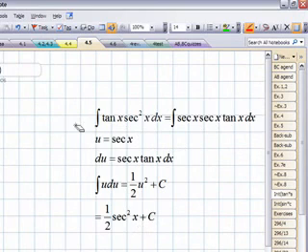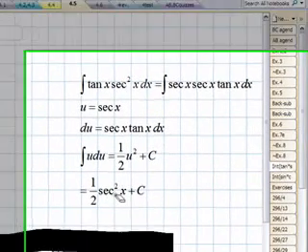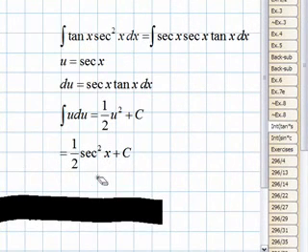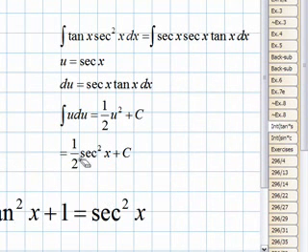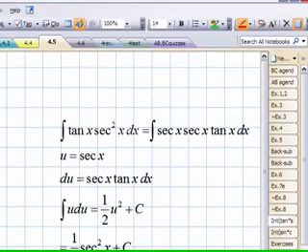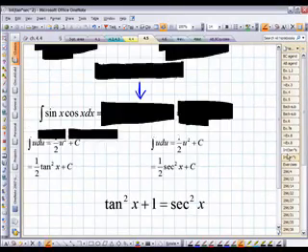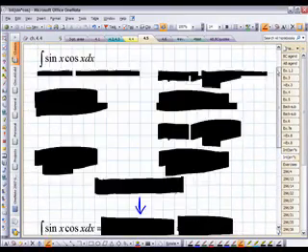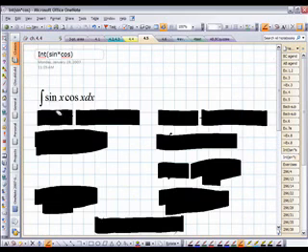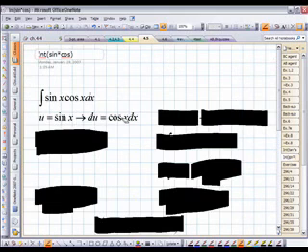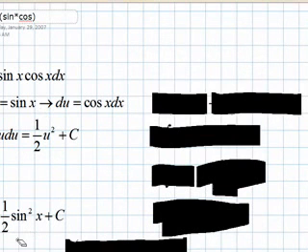So same integral, and yet I get different answers, or so it seems. The idea is that these differ by a constant. This actually turns out to make sense because these are connected through this Pythagorean identity, so they differ by the 1 in the identity, and so that can be accounted for in your arbitrary constant. We can do the same sort of thing with sine and cosine. If I make u equal to sine, du is cosine x dx, so I end up down here with half sine squared x.